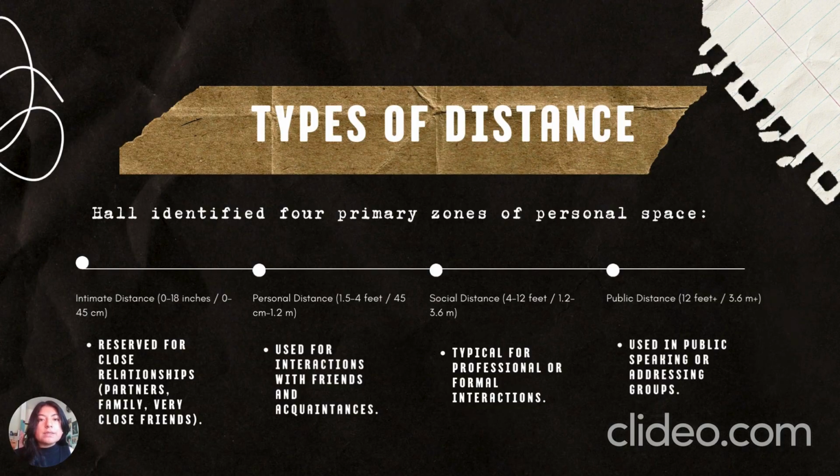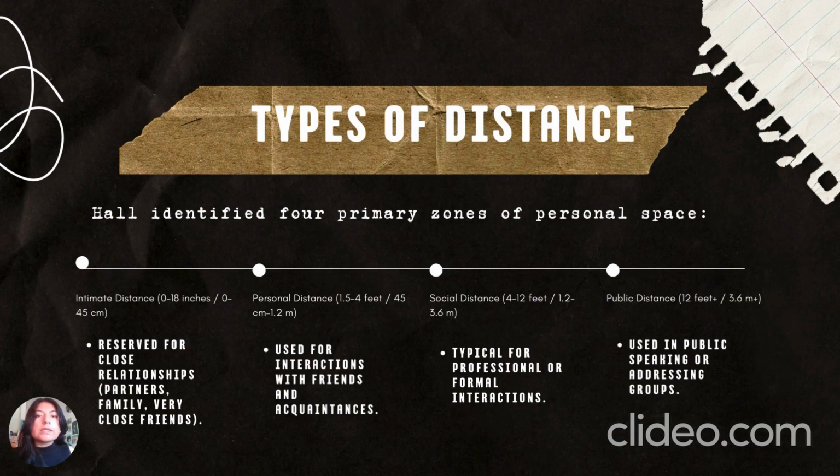This space is for close relationships like partners, family, and close friends, where touching is normal and conversations are private. Then we have personal distance, from about 1.5 to 4 feet or 45 centimeters to 1.2 meters.